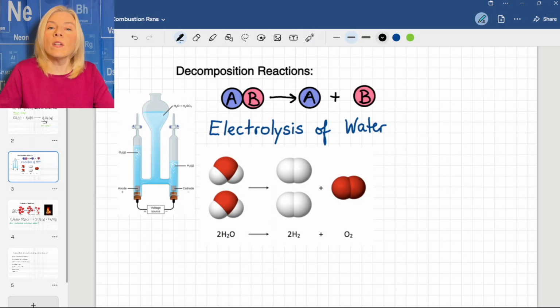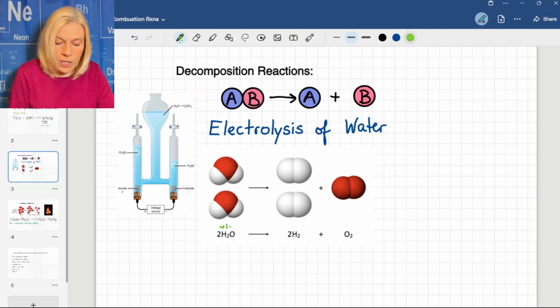What is the driving force of this reaction? And again, you should recognize that it's a redox reaction very, very fast, because you have hydrogen and oxygen, which are by themselves, elements by themselves. That means they are neutral. And water was a compound. So that means hydrogen was +1 charge here, oxygen was -2.